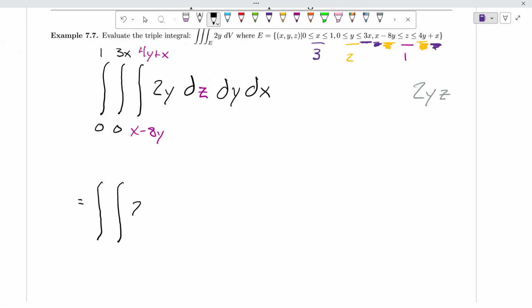So this is going to be 2y times 4y plus x minus x plus 8y, which after simplifying all of that mess, I think I get 12y minus 0x.